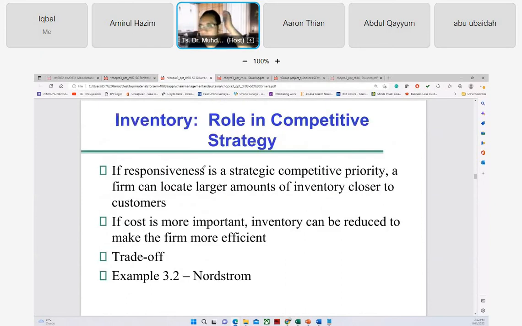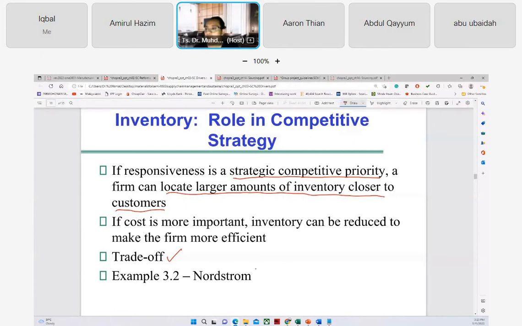Role in competitive strategy. If responsiveness is a strategic competitive priority, a firm can locate a larger amount of inventory closer to the customer. But you have to have a very proper trade-off between efficiency and responsiveness.